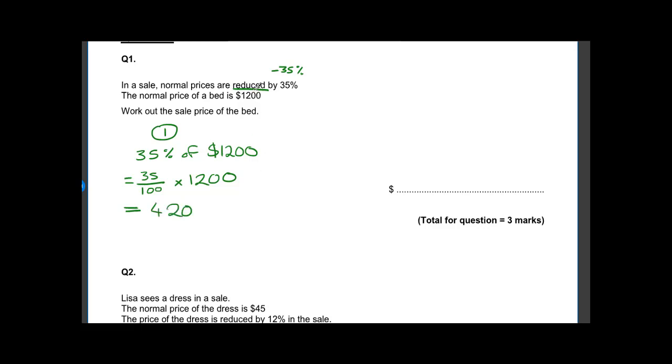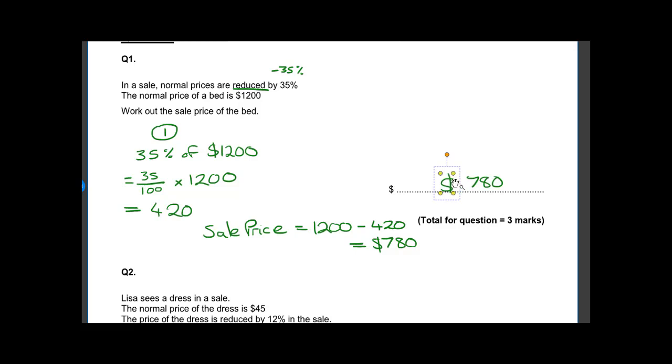Alright, so we go down by 420, so the new price, or the sale price, is the original total minus the reduction. So that should give you $780. We have the dollars here, so you don't even need it.